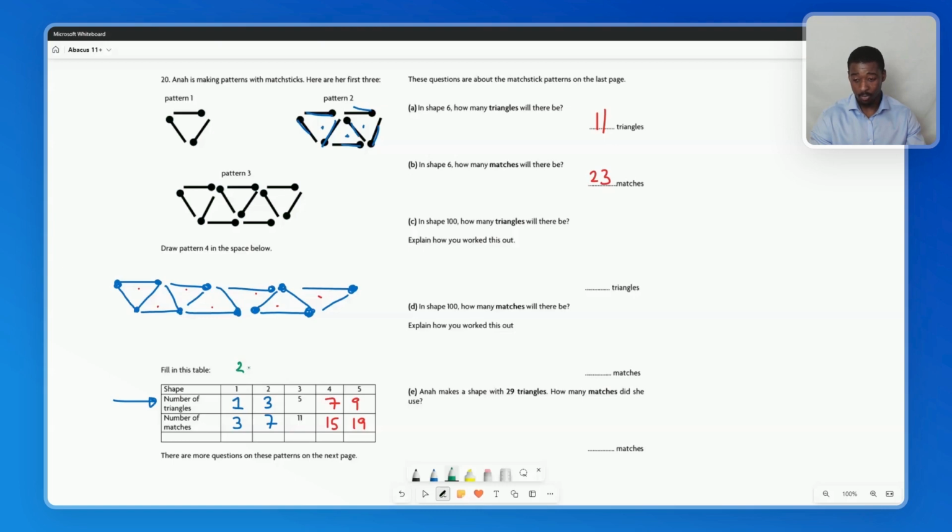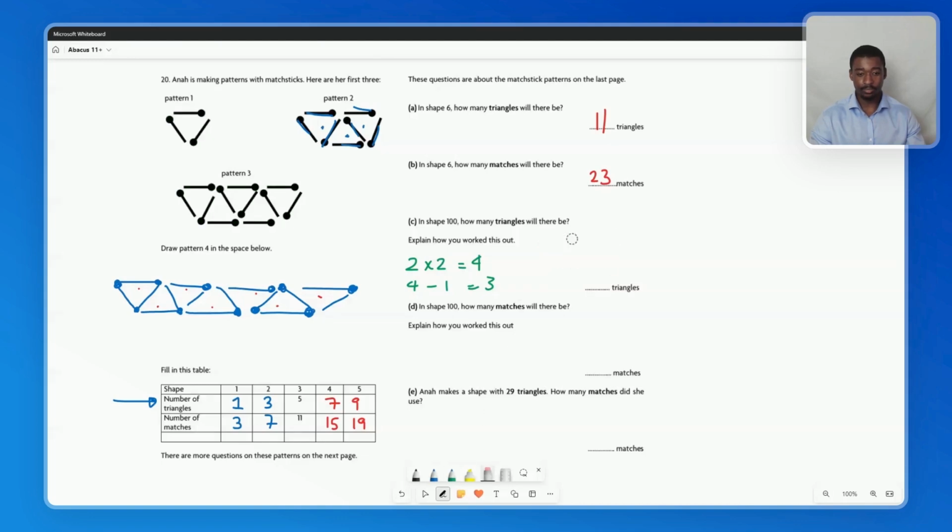And then we're minusing 1 to get 1. Same thing for shape 2. To get the number of triangles, 3, we're doubling 2. So 2 times 2 gives us 4. And then we're minusing 1 to give us 3. Same thing for 3. We're doubling 3 to give us 6. And then we're minusing 1 to give us 5.